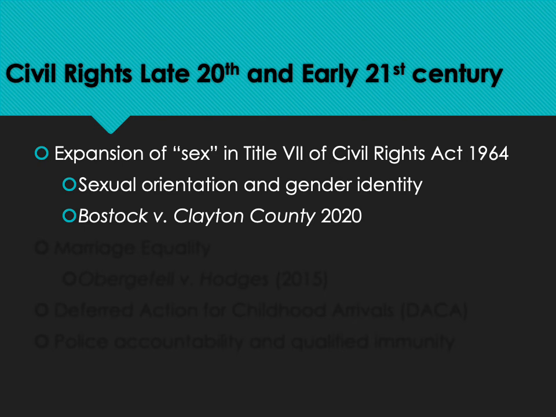Title VII says that you cannot discriminate in employment as it relates to sex, so it prohibits sex discrimination. Does that also prohibit discrimination against people who are gay, lesbian, or transgender? In a landmark ruling, with the majority opinion written by the conservative justice Neil Gorsuch, they concluded that Title VII does include sexual orientation and gender identity.